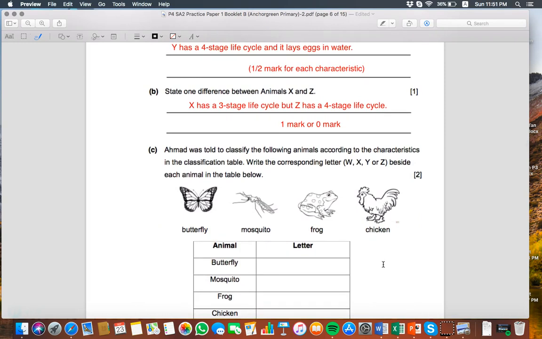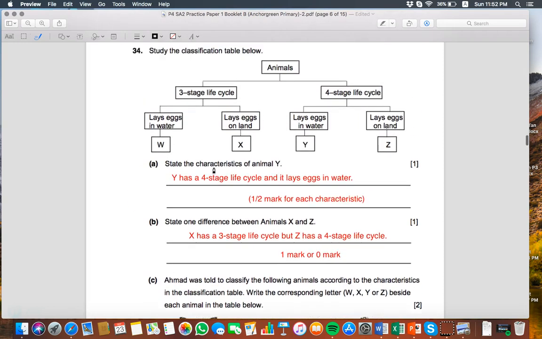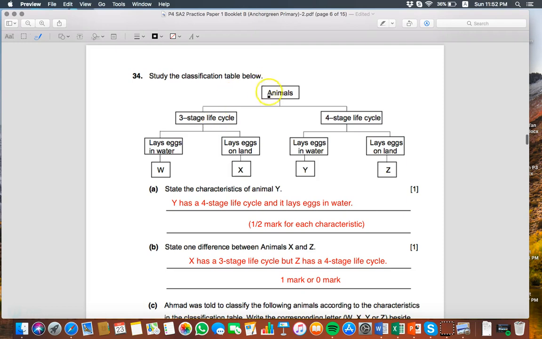Ahmad was told to classify the following animals according to the characteristics in the classification table. Write the corresponding letter W, X, Y, or Z beside each animal in the table below. Now let's look at butterfly. Does butterfly have a 3-stage or 4-stage life cycle?